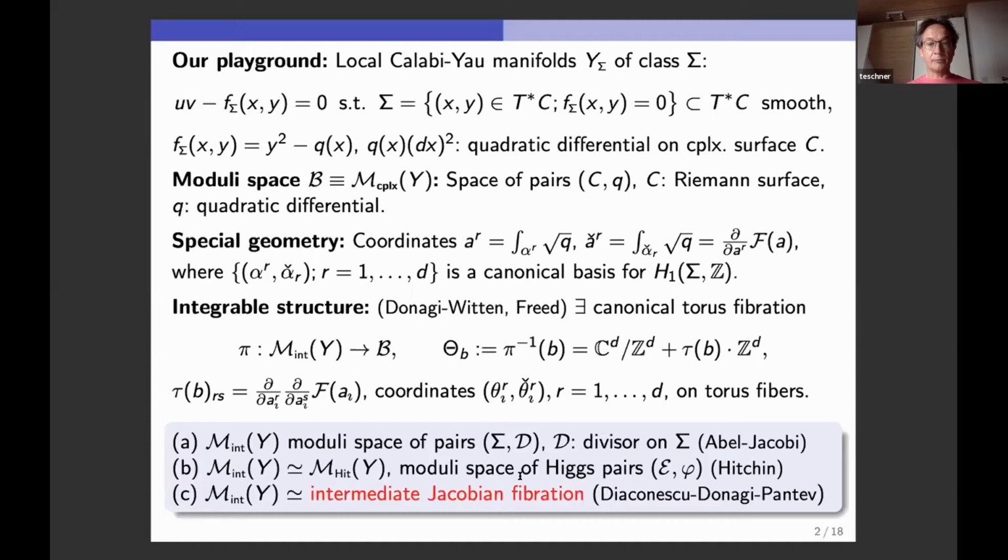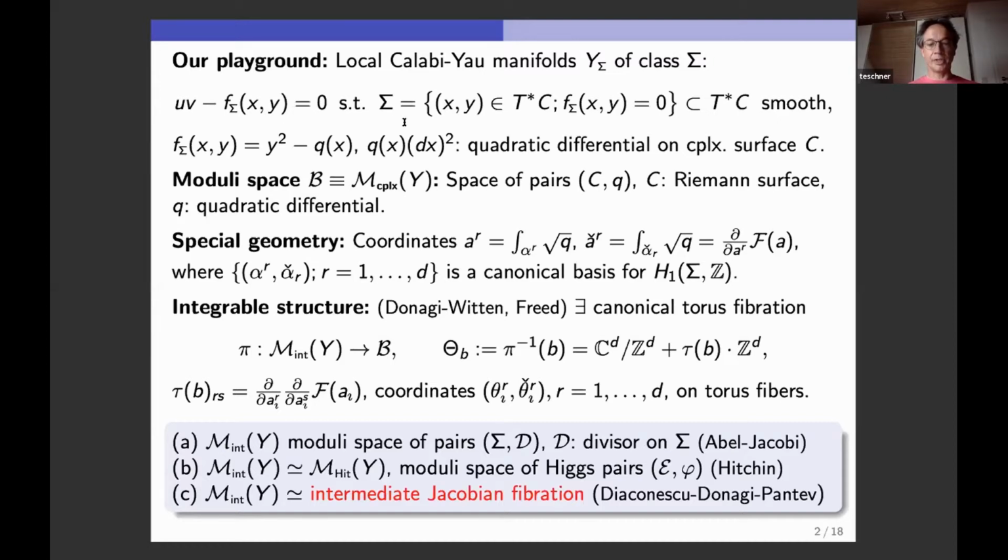And for the embedding in the, say, Calabi-Yau context, it's also important to remark that Diaconescu, Donagi, and Pantev have identified this moduli space in question with the intermediate Jacobian fibration, which one can define quite generally in the context of Calabi-Yau manifolds.